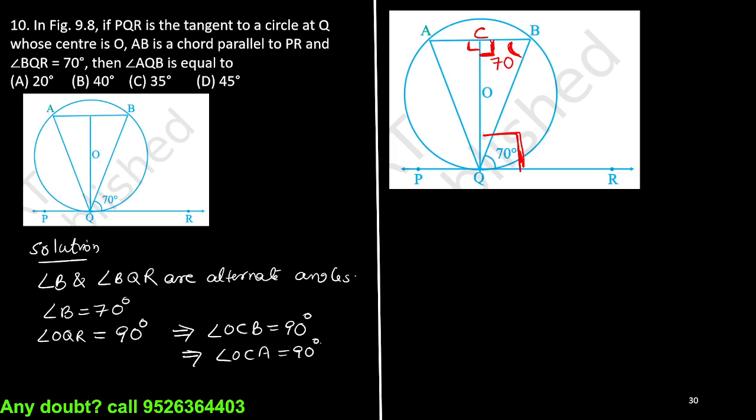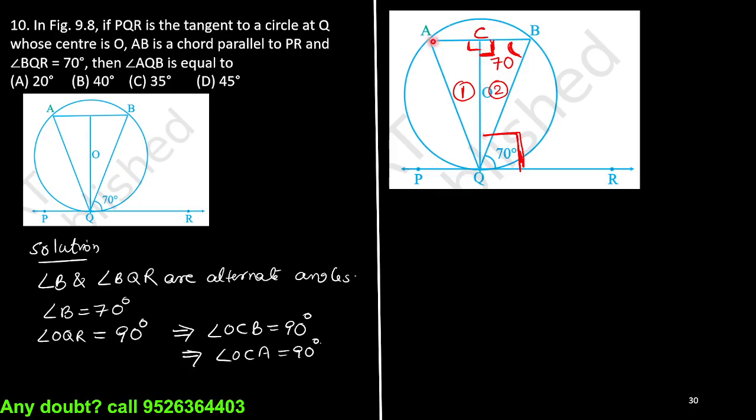Right now I am going to prove that these two triangles, triangle 1 and triangle 2, you can see two right angle triangles, are congruent, identical. If they are identical, their corresponding angles will be the same. I am going to prove that.